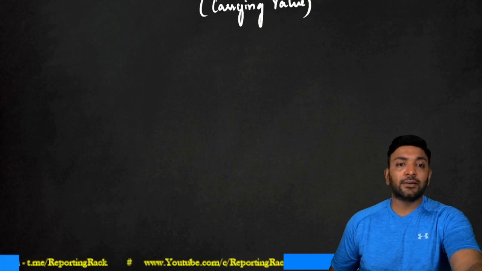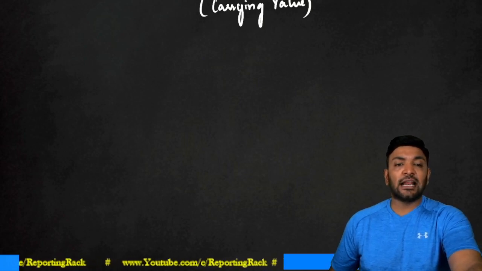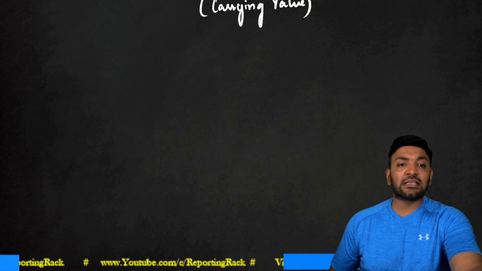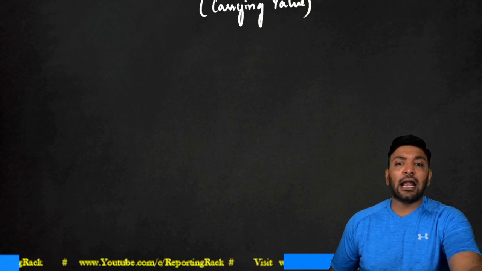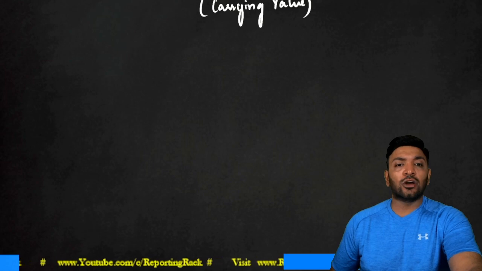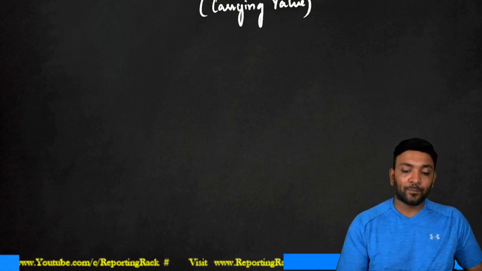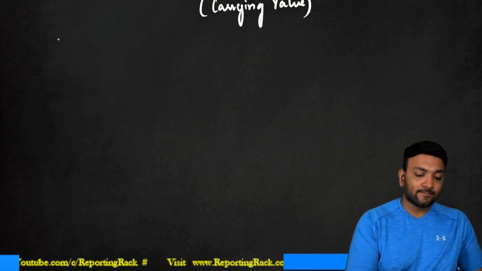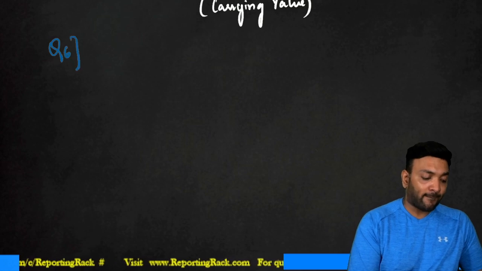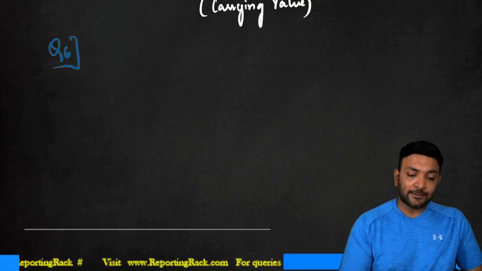Here, guys, nothing else is given. Only the year is given: it started operating on 1st April 2017, and we are at 31st March, the year end. So that means it is just the end of the first year. Question number 6.